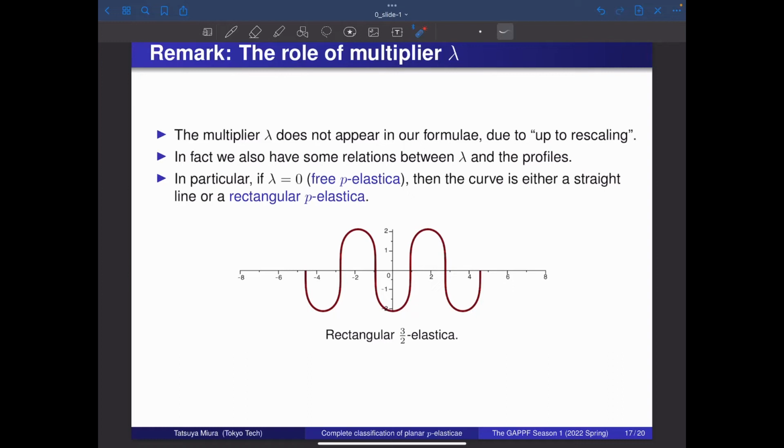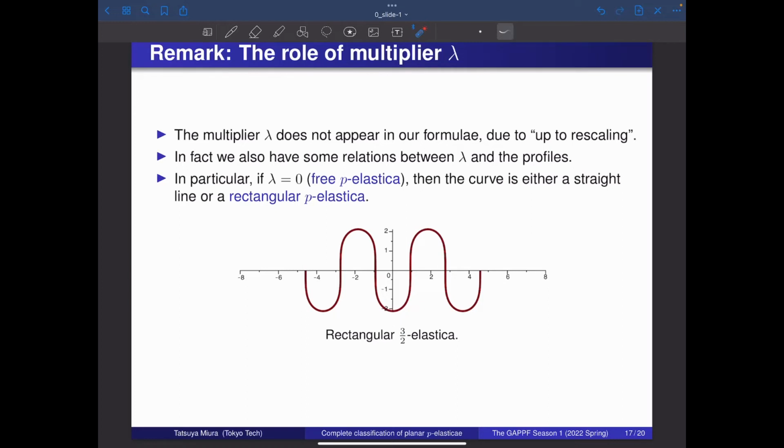And in particular, one important point is that if lambda is equal to 0, which is called free P-elastica, and this just means that we are considering the critical point of the P-bending energy without the fixed length constraint, then the curve must be given by either a straight line or the so-called rectangular P-elastica.